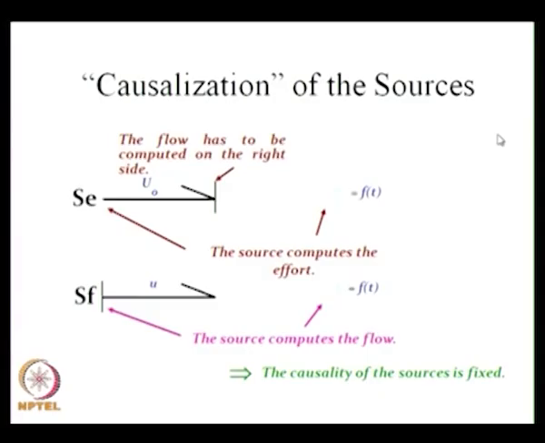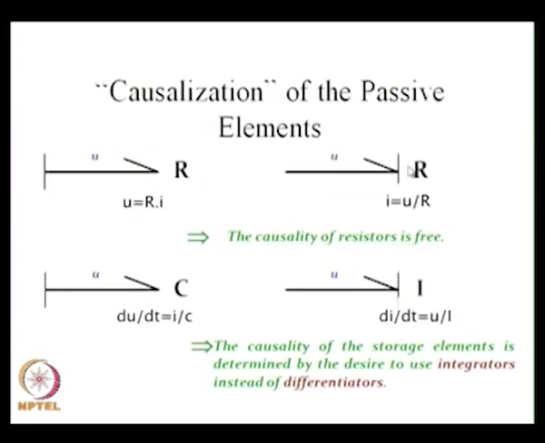And for the other elements, to fix the causality we need to find out the relationship for these elements. Here you can see the R element, and for the R element you can have a relationship like U is equal to R multiplied by I, or I is equal to U divided by R. Here U represents the effort and I represents the flow, that is the voltage and current.